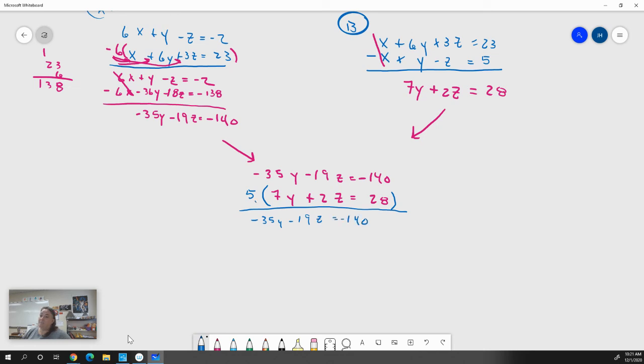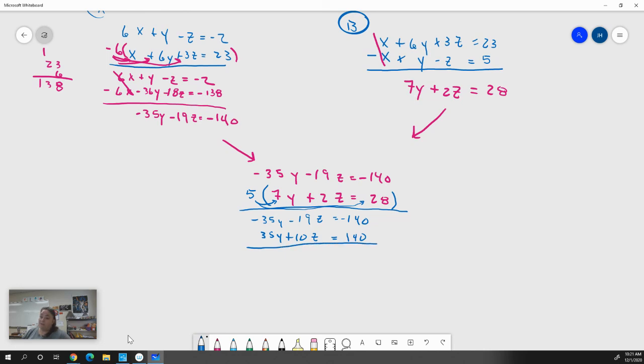And now I'm going to distribute this, and I'm going to get 35y, right? Now we have an opposite, so when we add them together, they'll drop, plus 10z, right? And check this out. This happens to equal positive 140. Convenient for us.